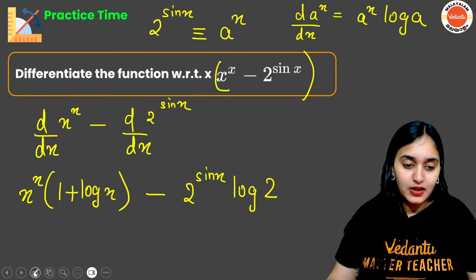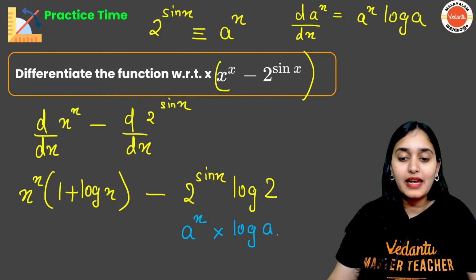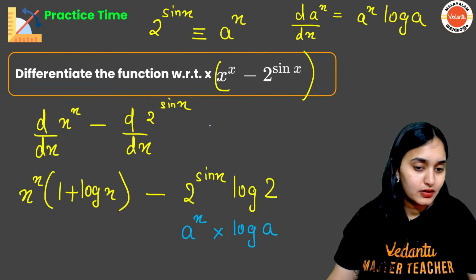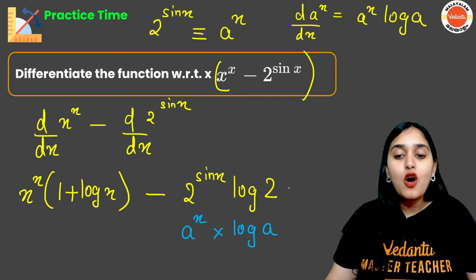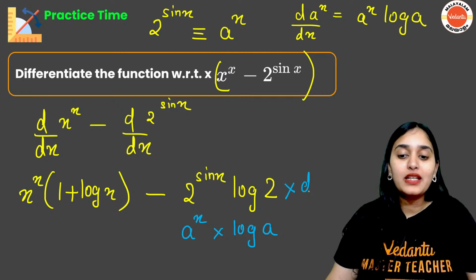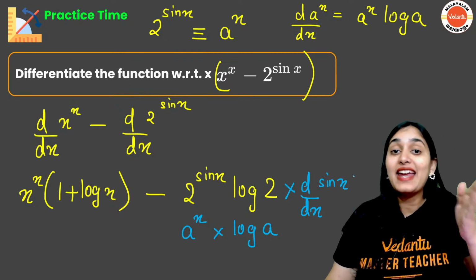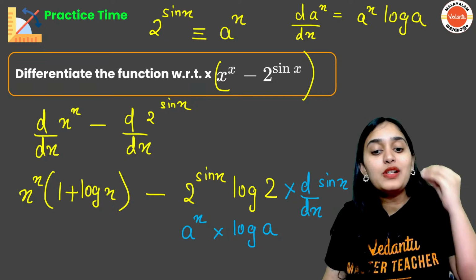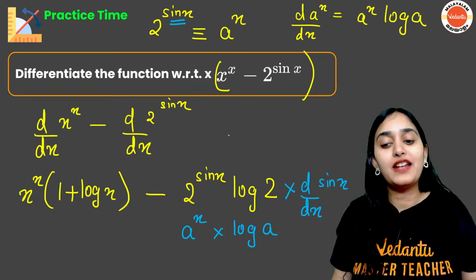Let me also show you what we are doing. This is a to the power x into log a. But we will also multiply it with differentiation of sin x because chain rule says that till the last function you have to differentiate.